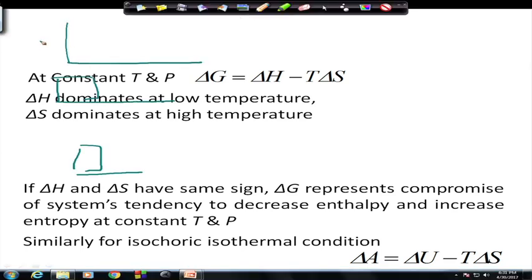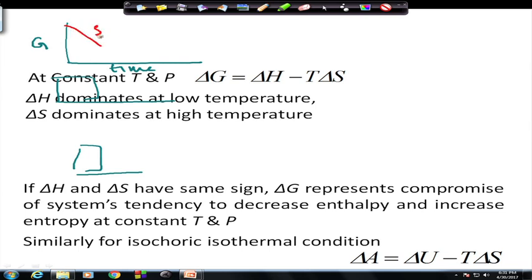Suppose a spontaneous reaction occurs, and in that reaction we are plotting the Gibbs free energy versus time. What do we observe? Initially the Gibbs free energy keeps on decreasing.